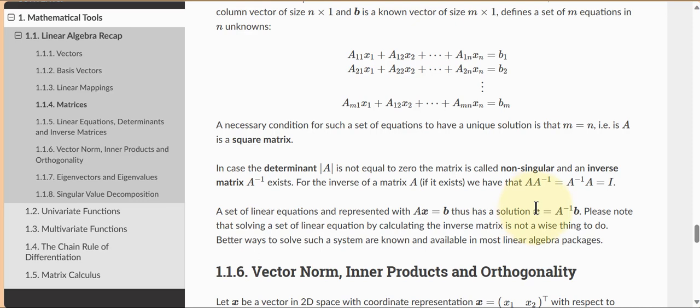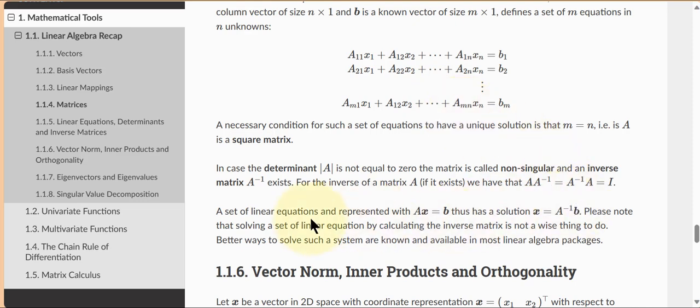Because if we know what the x vector is, that means we know what x makes this true. What x1, x2, and so on makes this true. So that's exactly what we're trying to find out when we solve a system of linear equations. We want to know what x's make it true. And here we have a formula for the x's. So we will have solved the system of linear equations, but he sort of warns us against doing that this way.